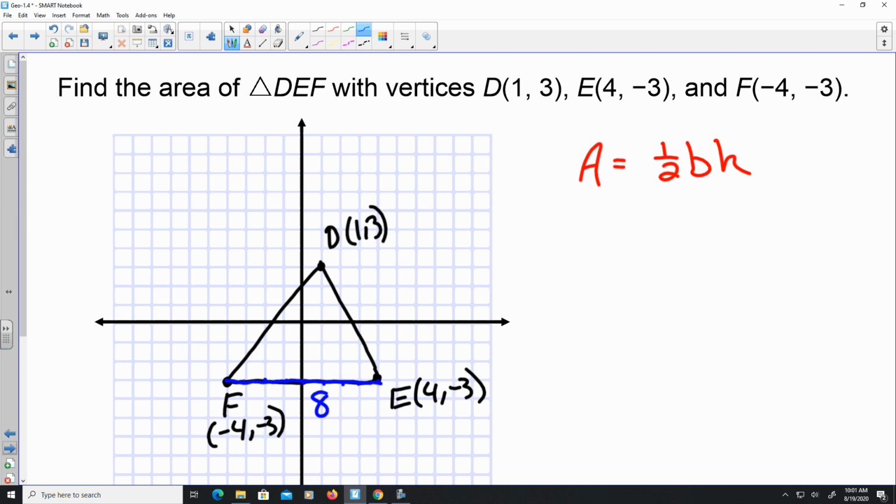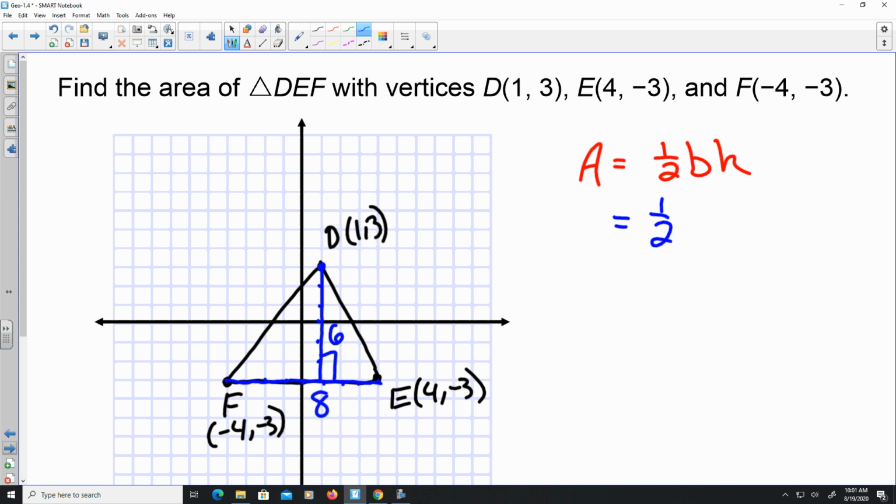So that's 8. And I can easily find the height because the height is going to be a measurement from the opposite vertex, and it is perpendicular to the base. And in this case here, I have a height of 1, 2, 3, 4, 5, 6. So my height is 6. So in this particular instance, it wasn't as labor intensive to find the base and the height, and I can just plug it in the formula.